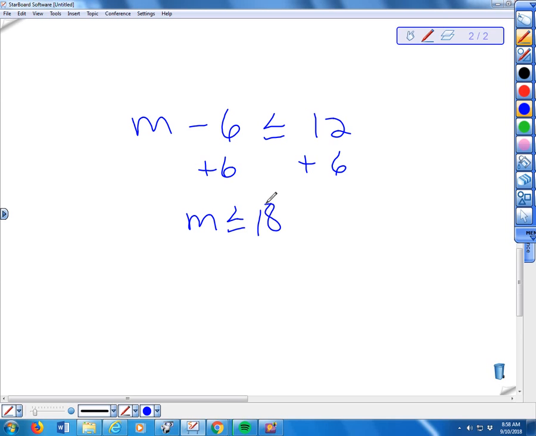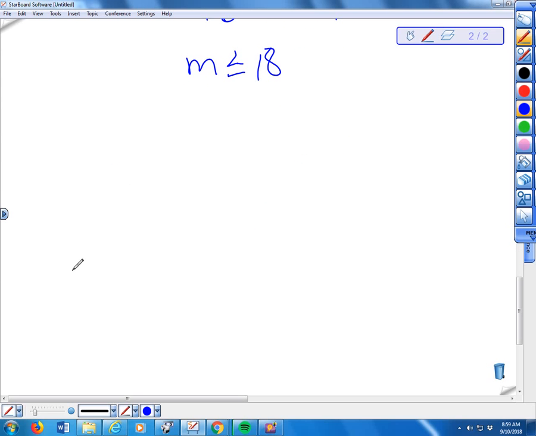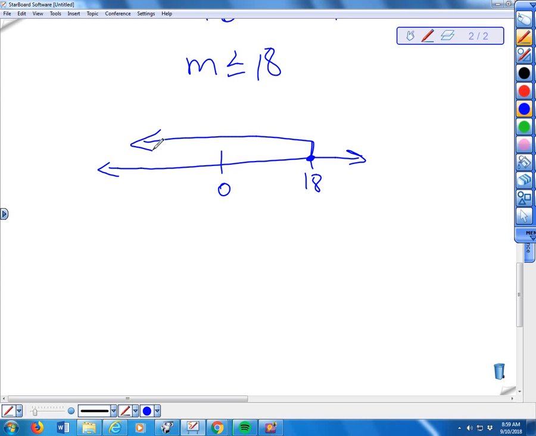Okay, m is less than or equal to 18. How do I graph that on a number line? Just go closed dot on 18, and it would go where? All the way over this way? Yeah, it's less than. It would go down that way. Yep. And it would go to infinity, right?